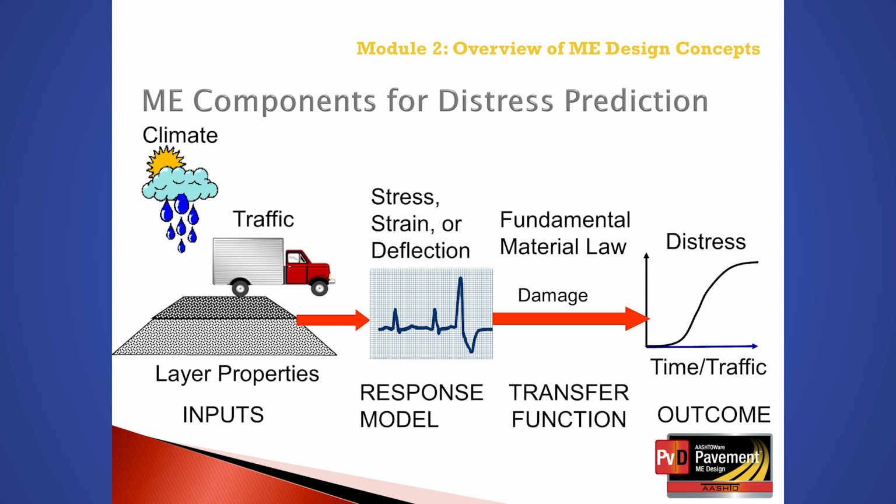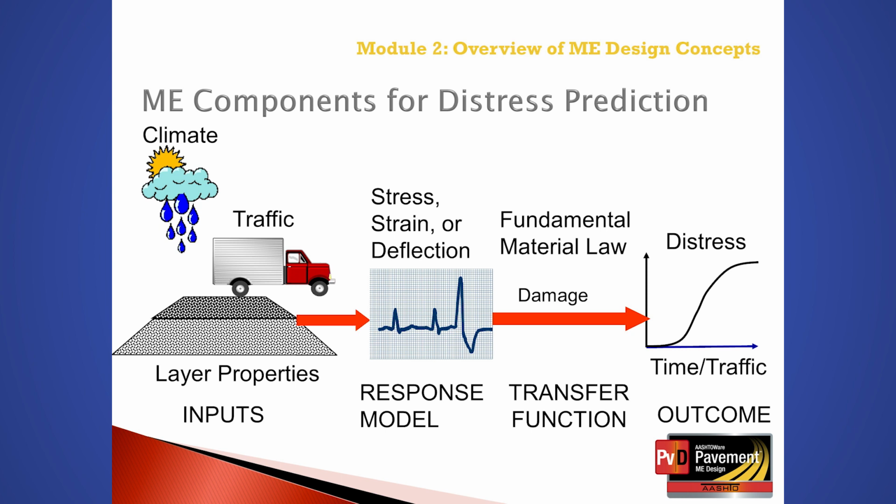The enhanced integrated climatic model is used to estimate or calculate temperature and moisture changes throughout the pavement structure over time. All truck traffic is characterized by axle load, axle type, seasonal variations, among other factors.